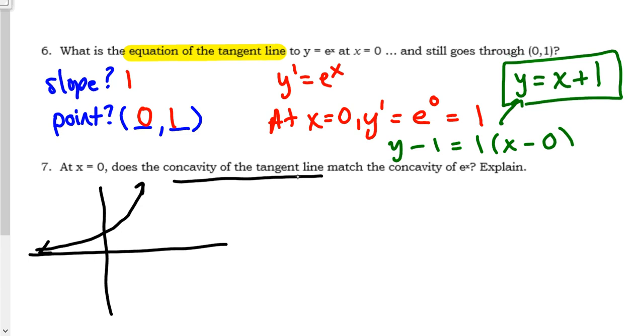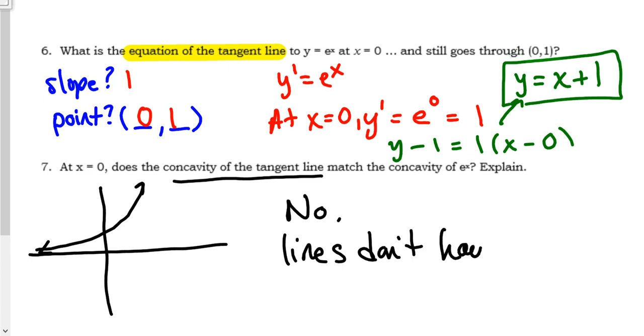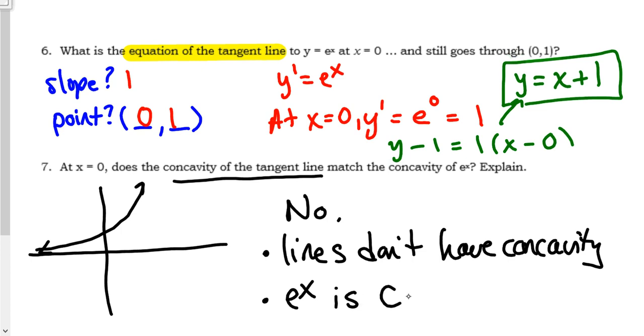So I'm going to say no. Lines don't have concavity. E to the x is concave up, though. Okay, so clearly they aren't the same.